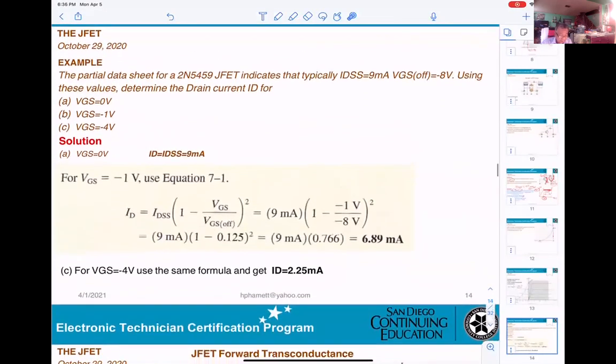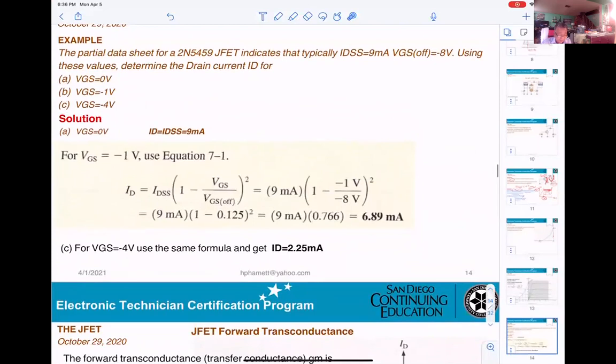Now here is the example they give you. A partial data sheet of the JFET indicates that typical IDSS is 9 milliamp and VGS off is minus 8 volts. Using these values, determine the drain current ID.